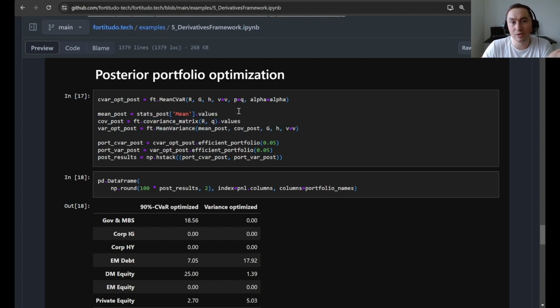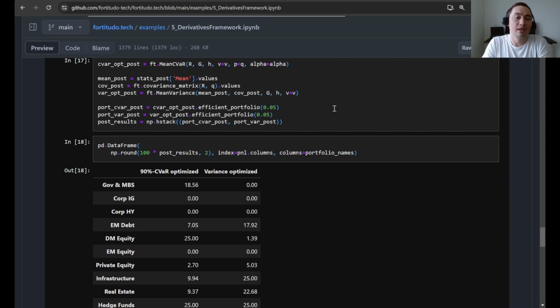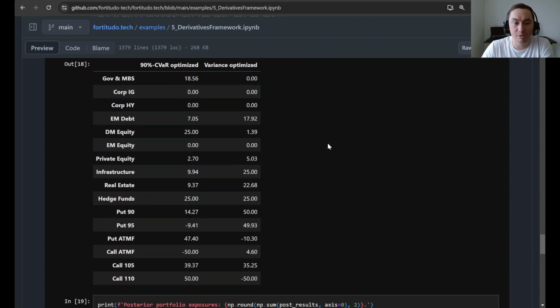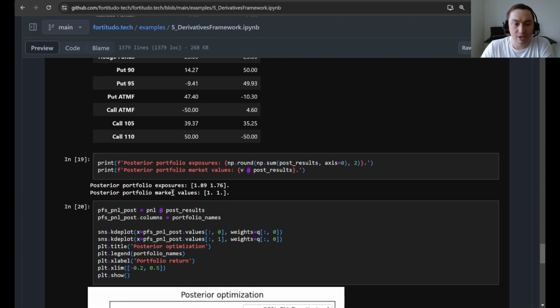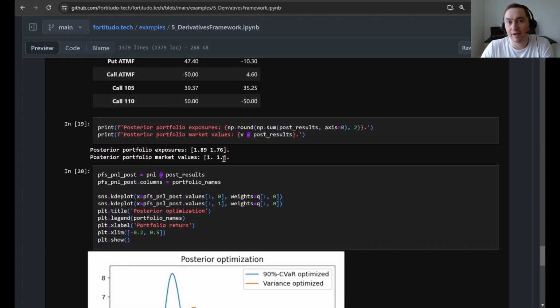And then we can do mean variance optimization again. So here we again say that we want a portfolio with a 5% return. Look at the exposures, verify that the constraints are satisfied, and look at the self-financing constraints and the portfolio exposures in total.